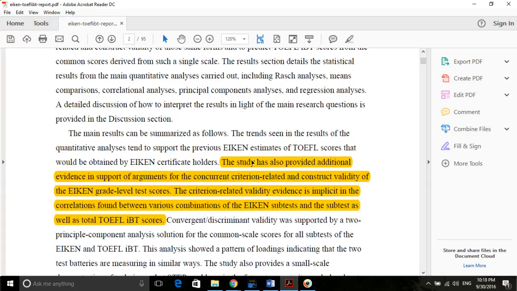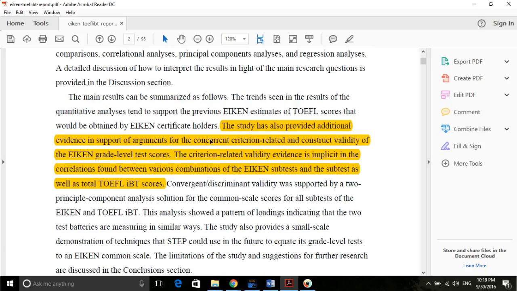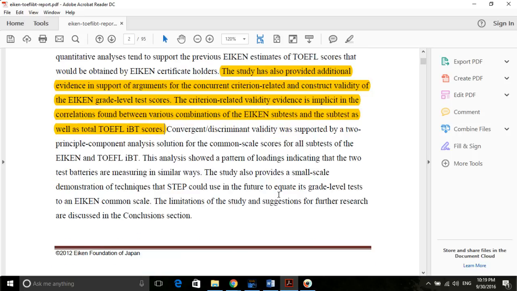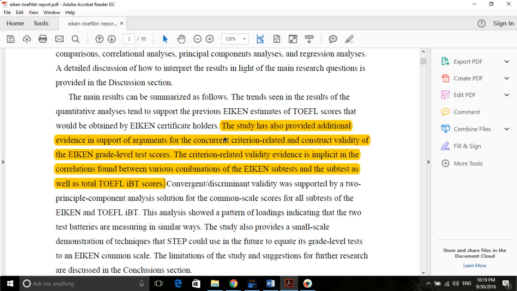Looking at the very beginning, at the abstract, and I went through the article looking at the coefficients, it shows that there is criterion validity present that was found in this study.